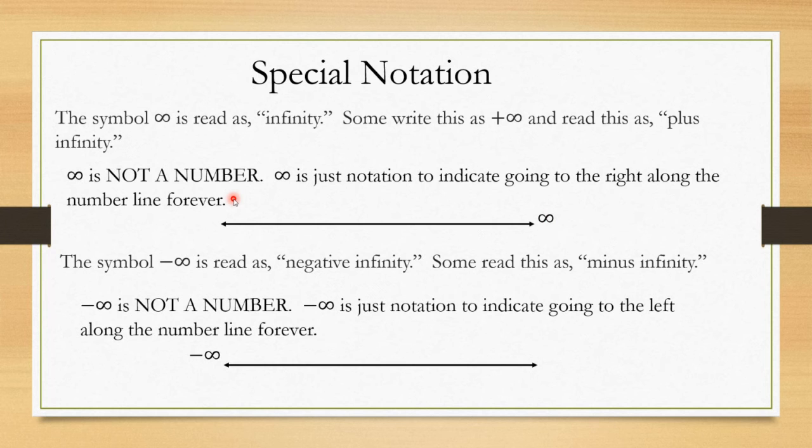I know this might confuse you a bit, but you could almost think of it as the end of the number line in the positive direction. That's not really precise because there is no end. For every number you can think of, you can always come up with a bigger one easily. In the negative direction to the left, that's what negative infinity takes care of. Some people call it minus infinity. Either one is correct. Again, it's not a number.